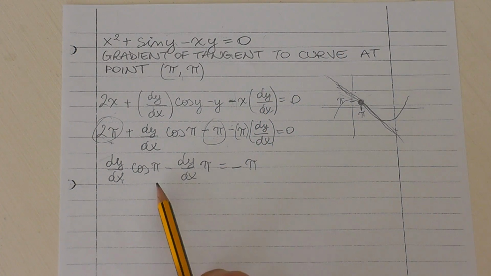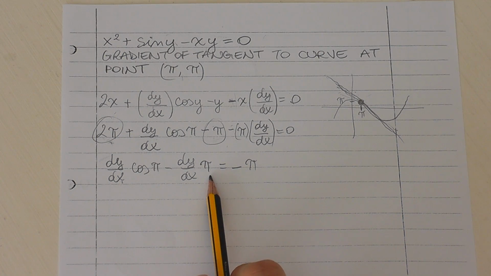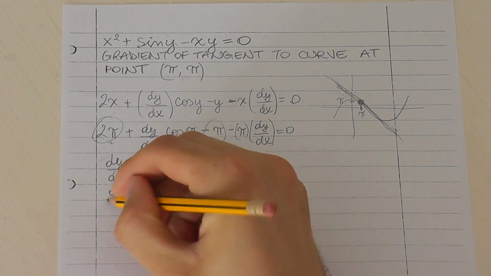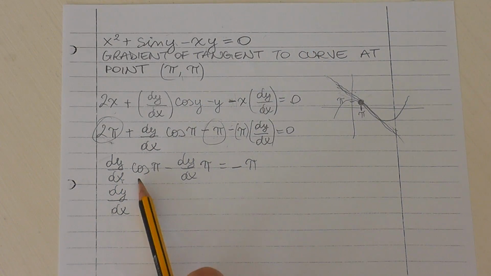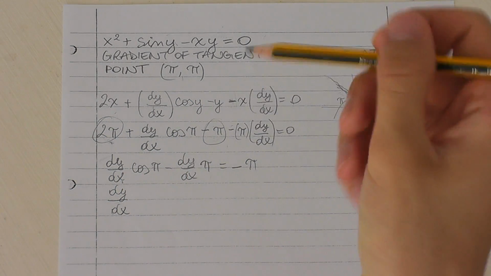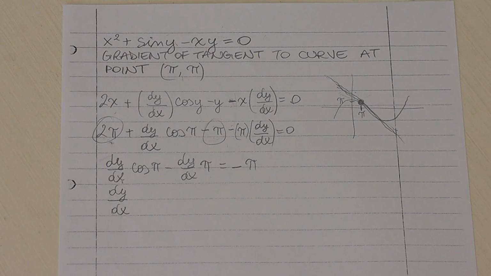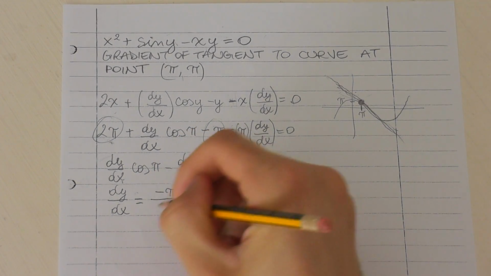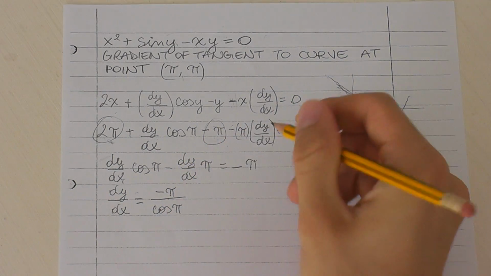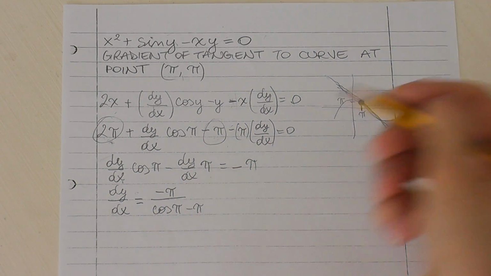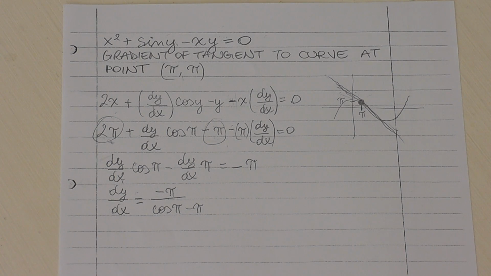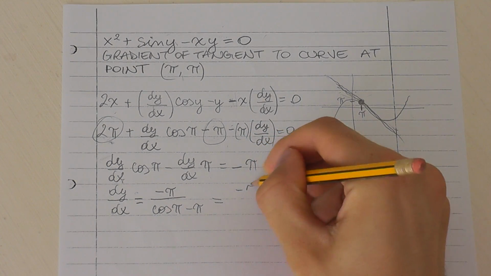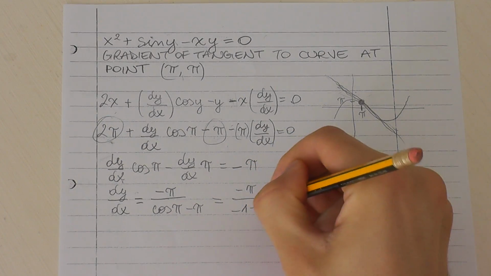Now from this we factor dy dx, to get dy dx times cosine pi minus pi, and then when you divide both sides by cosine pi minus pi, you get dy dx equals minus pi over cosine pi minus pi. Now obviously cosine of pi is minus 1, and so you can rewrite this as minus pi over minus 1 minus pi.